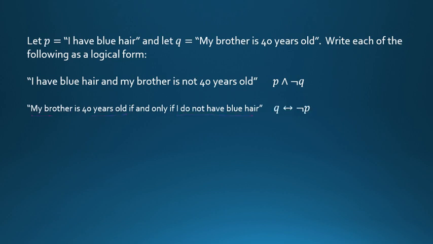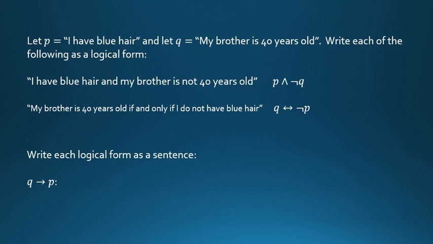Now we are going to go the opposite way. We're going to be given a logical form and we want to write it as a sentence. So first one, Q implies P. Well, we know that the conditional means if blank, then blank.